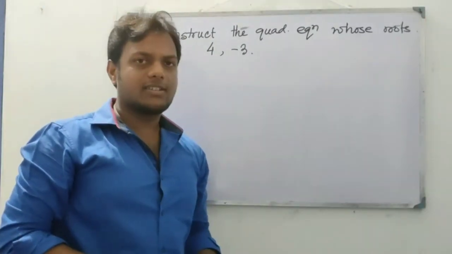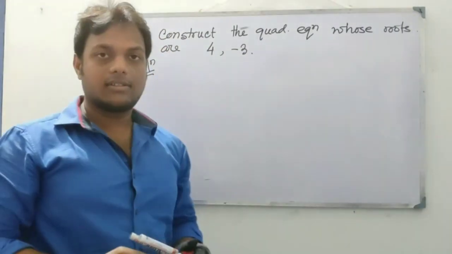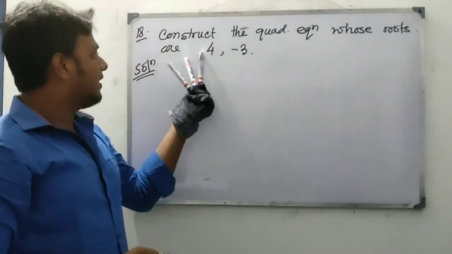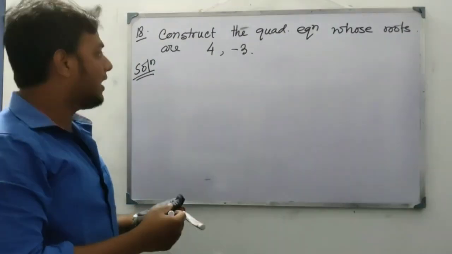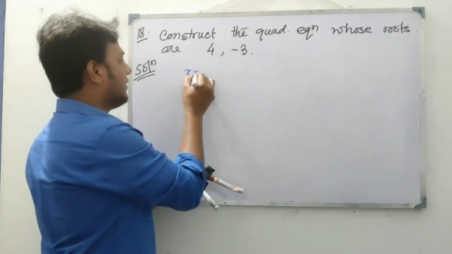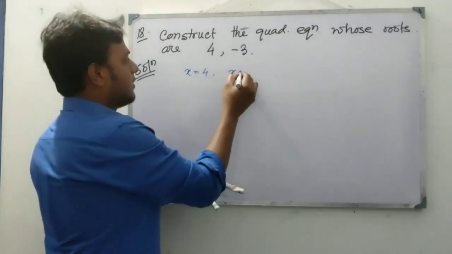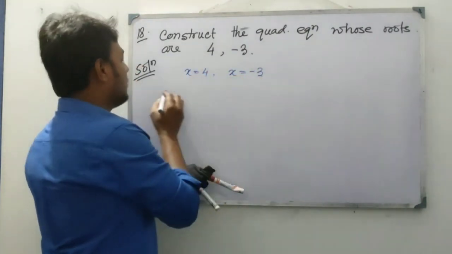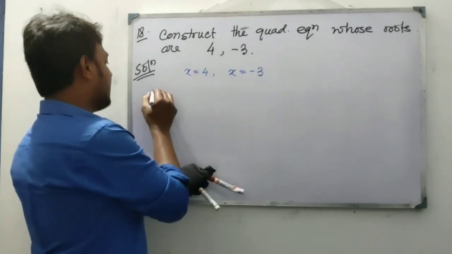Now, could you guess about the last line? It is given that x equals 4 and x equals minus 3. The solution is x equals 4 and x equals minus 3. So what about the last line? Write down the direct answer.